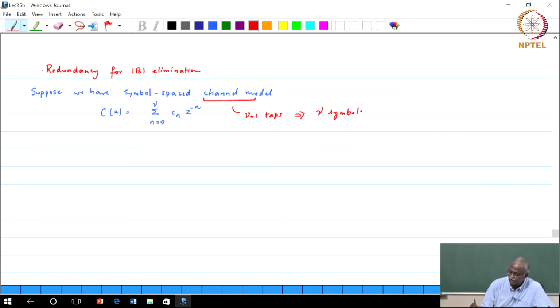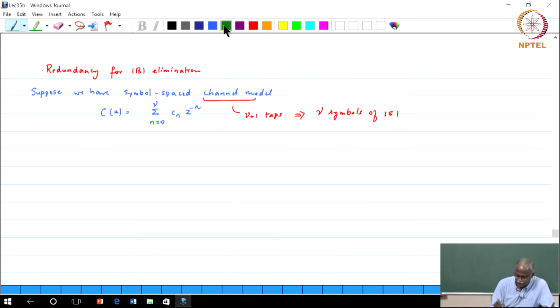This is an ISI channel, with nu symbols of intersymbol interference. This is a standard notation. This is the channel model that we have.